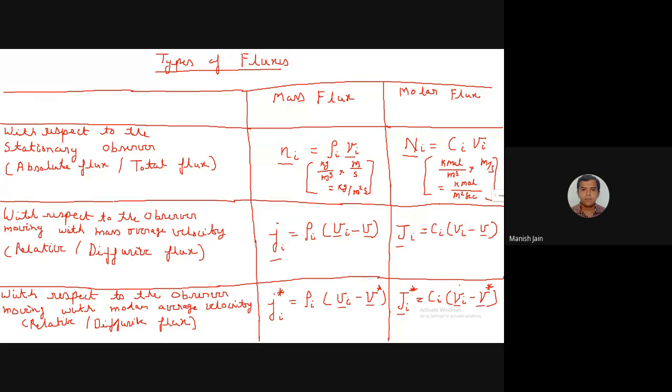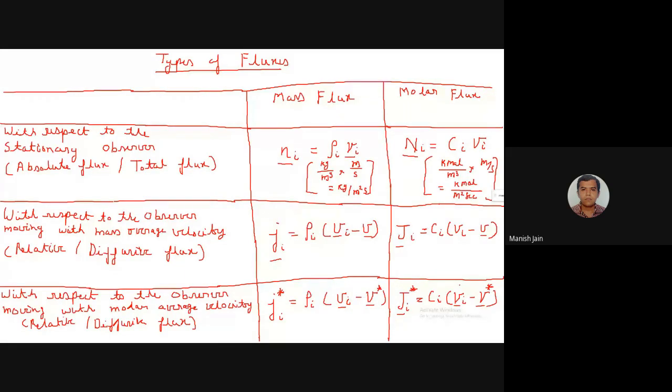So basically you have the absolute fluxes as well as the relative fluxes or diffusive fluxes. Absolute fluxes means the observer is outside the system, and you want to calculate the actual velocity, the actual diffusion, with respect to fixed positions.